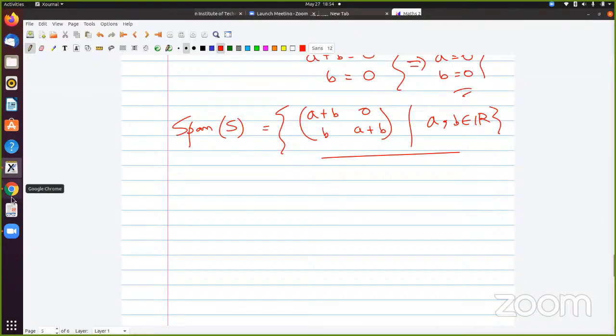Sir, a general question. Which book should we refer to for problem solving in linear algebra? Have you solved all the problems in the portal? First, solve all the problems given in the portal, all the assignments, mocks, everything.